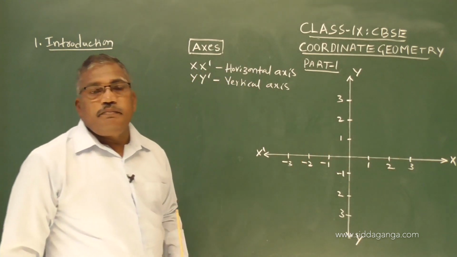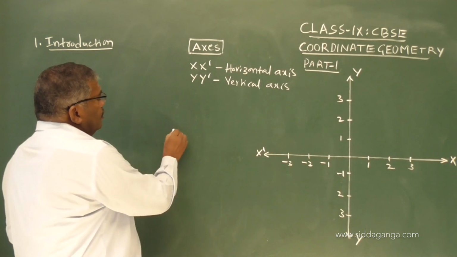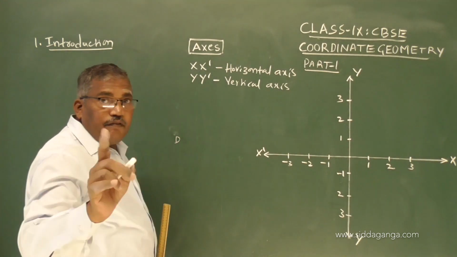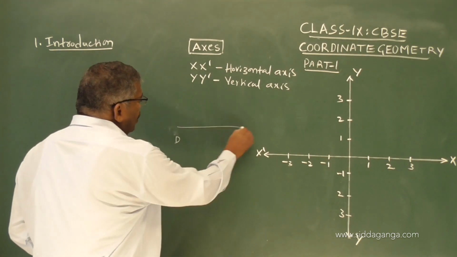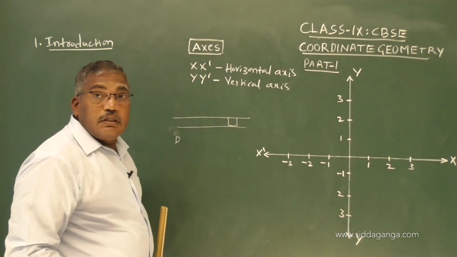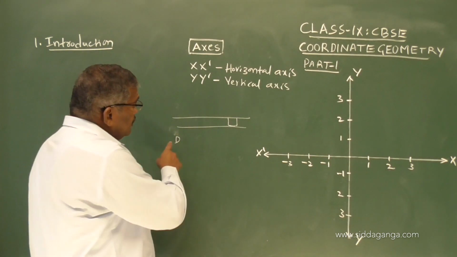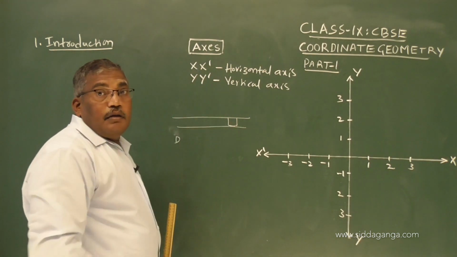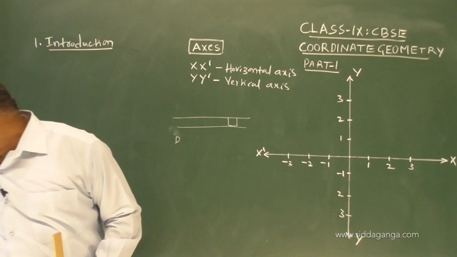As I told you, we will go to row D in a film theater, and along the row we will locate our seat. That is the row, and then we will look vertically to find out the location.